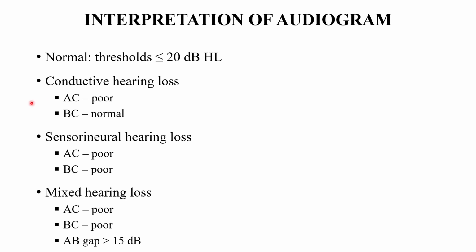So when the AB gap is 15 or greater, there is a conductive element also, and when both elements are present, it will be mixed hearing loss.